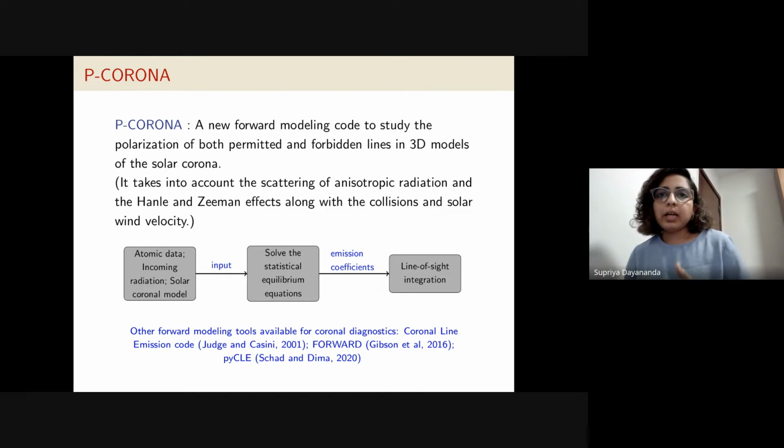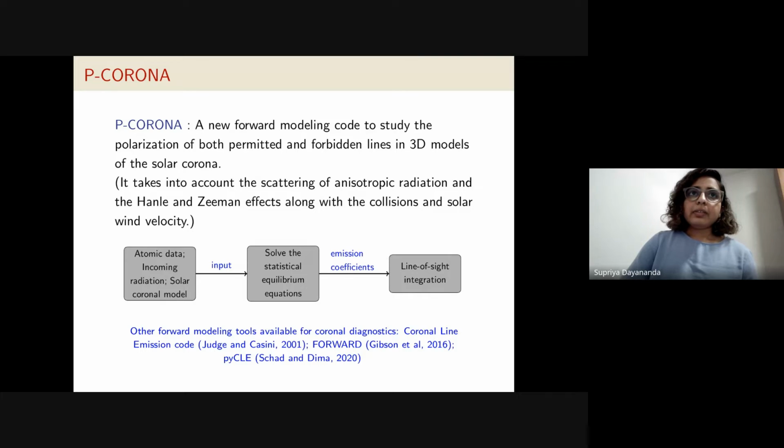And then you get your emission coefficients, which tell you what your Stokes parameters would look like. Now I'll try to explain each of these blocks in the context of PCorona, what goes in and what exactly we are accounting for, and also try to distinguish, at the places where it arises, the differences between permitted and forbidden lines that you should be mindful of when you are doing forward modeling.